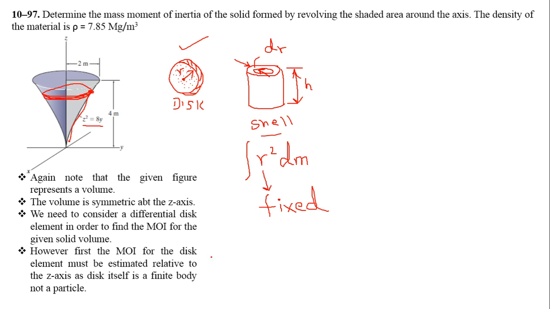So we have to first calculate the moment of inertia for the disk element, as it is a finite body itself, not a particle. So we have to establish the expression for the moment of inertia for our disk element, because it is a complete three-dimensional body itself, of course having a very small thickness.